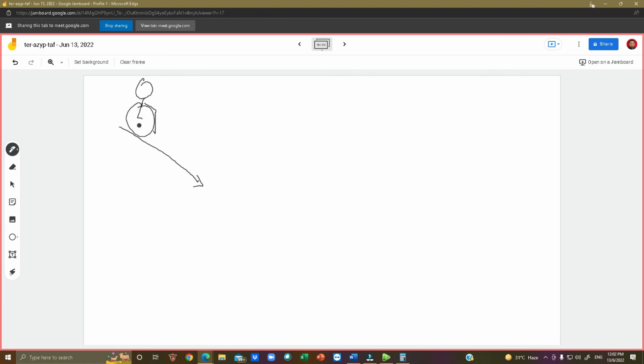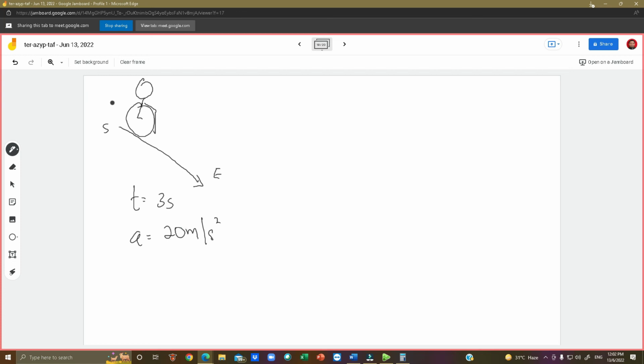Let's say this fella starts and ends, it takes only 3 seconds for this fella to accelerate at a value of 20 meter per second square. Okay, this fella falls down a ramp, and after 3 seconds, this fella had already reached 20 meter per second square of an acceleration.